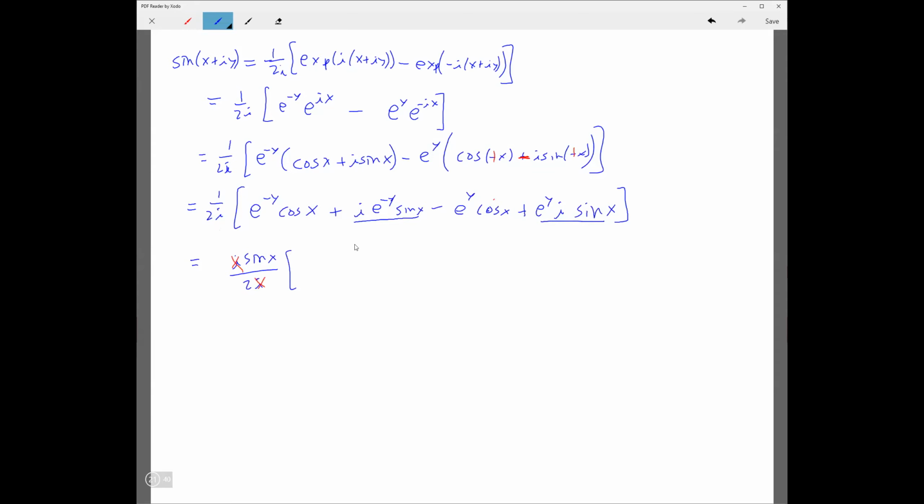And then we'll still have e to the negative y plus e to the y. But let's write it this way, e to the y plus e to the negative y. And then the cosines, that's also going to be over 2i. When we factor those out, let's see here. You're going to get negative e to the y plus e to the negative y.